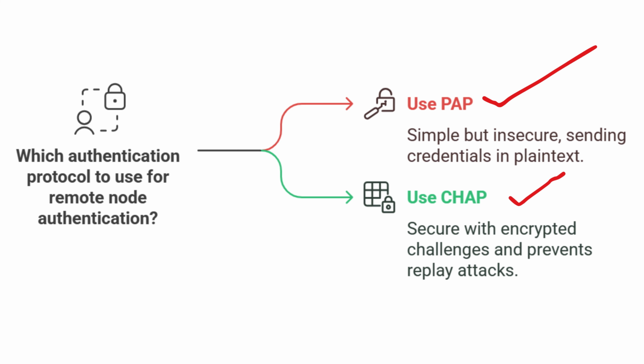Challenge Handshake Authentication Protocol, CHAP, is much more secure than PAP because it uses encrypted challenge response authentication instead of plaintext passwords. It prevents replay attacks by regularly re-authenticating the user. For modern networks, PAP should be avoided, and CHAP or stronger authentication methods should be used.